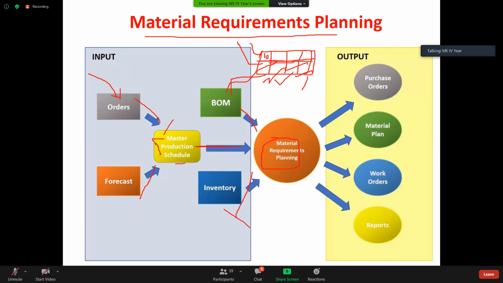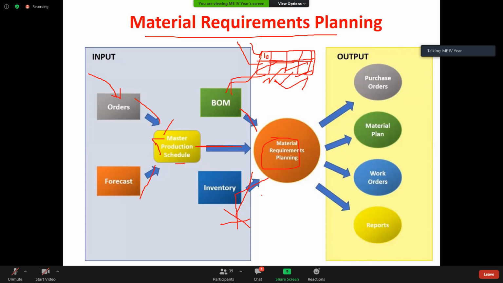For example, they already have 100 bolts in inventory, but to manufacture that particular product, they need 150. Then they will see we already have 100 in-house, so no need to order 150, we can order only 50. So that change can be done through MRP with the help of this inventory data.